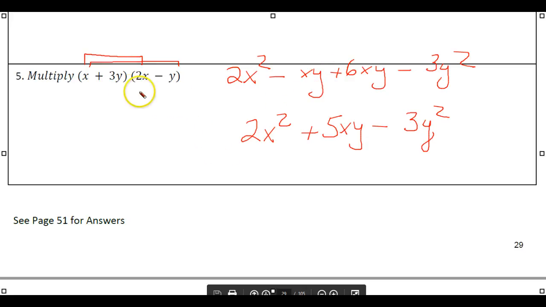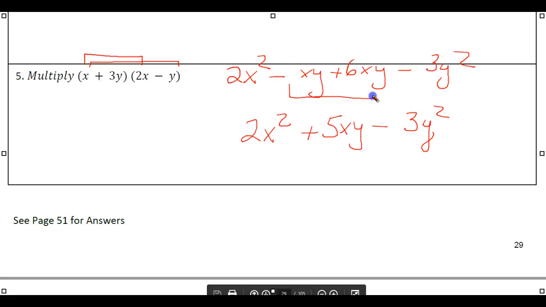And I see we're getting a little long here on this tape. So I should say first, 2x squared. Outers now a negative xy. Inners a positive 6xy. Last a negative 3y squared.